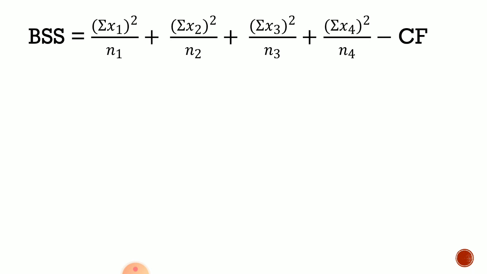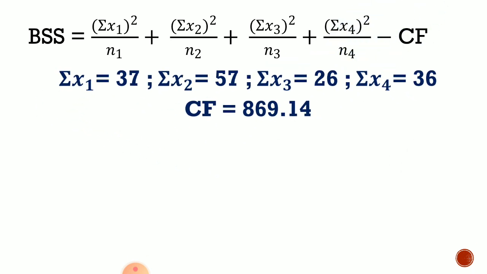Next will be the between sum of squares. So between sum of squares, or BSS, is equal to the summation of x sub 1 squared divided by n sub 1 plus the summation of x sub 2 squared divided by n sub 2 plus the summation of x sub 3 squared divided by n sub 3 plus the summation of x sub 4 squared divided by n sub 4 minus the correction factor.